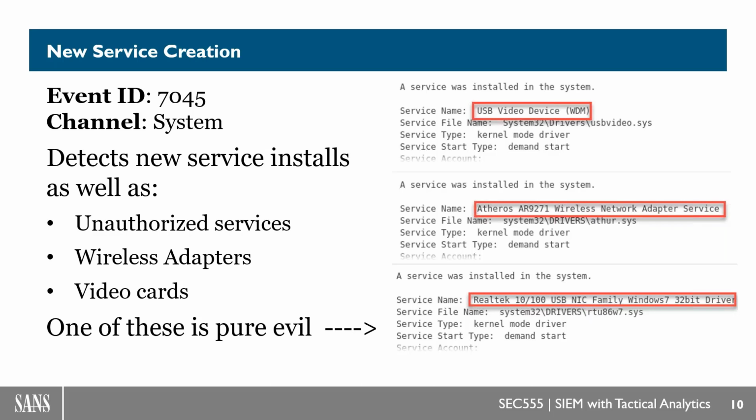The bottom one itself doesn't look that bad at a first glance, other than a 10100 USB NIC is probably not that common these days with a 32-bit driver, and that is actually a Bash Bunny from Hak5, pretending to be a network driver and establishing some persistence for itself.